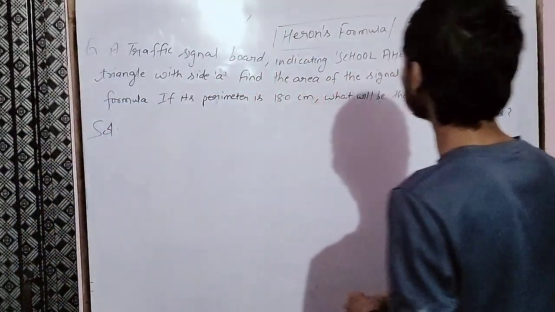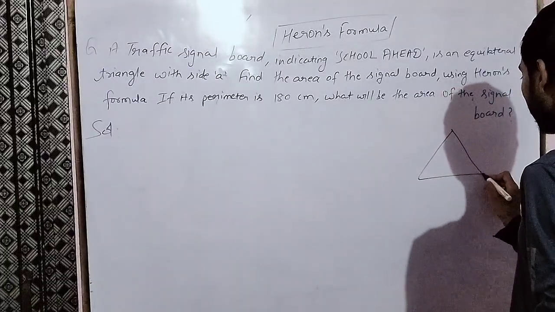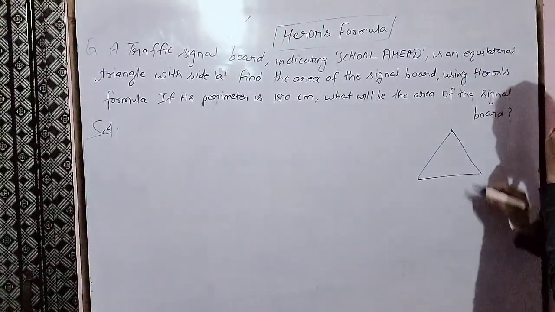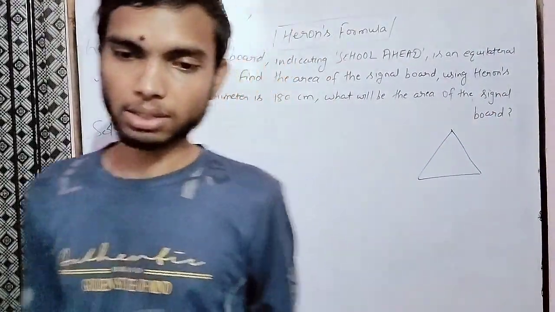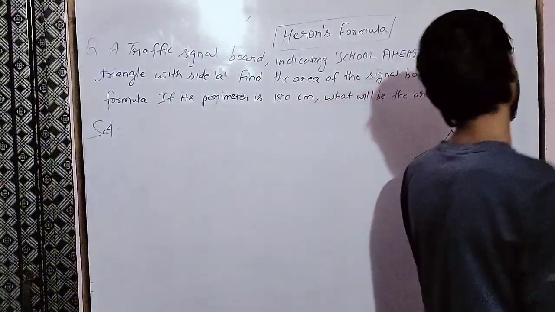So find the area of this signal board. You know that this is a triangle, and the triangle is equilateral. A triangle has three sides, three vertices, three line segments and three angles.